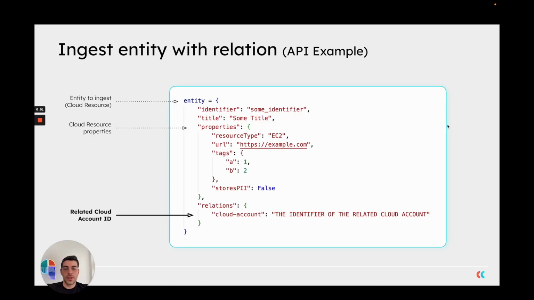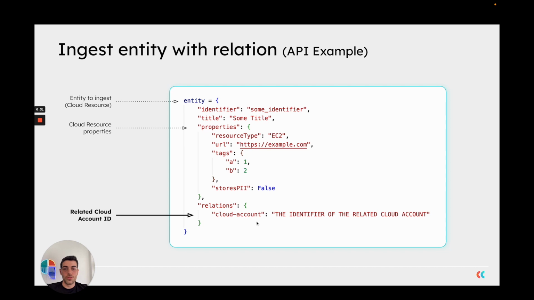Now let's look at an API example showing how to ingest an entity with a relation. Here we have the complete definition of an entity which has relations mapped to it. First of all, we can see the identifier of the new entity. We can also see the properties object along with the different values for the properties of this entity. And we can see the relations object. Each key in the relations object matches the identifier of a relation on our blueprint.